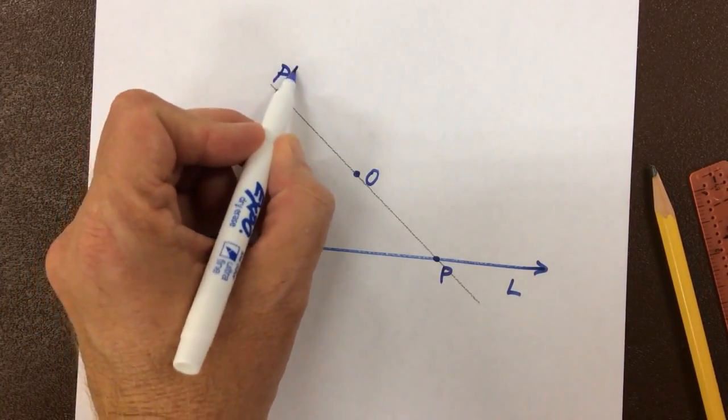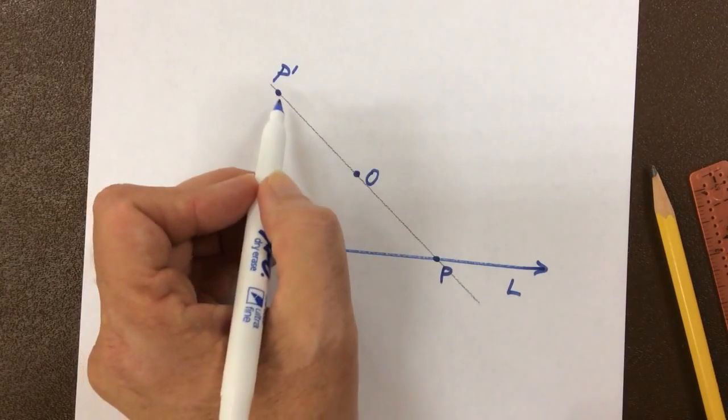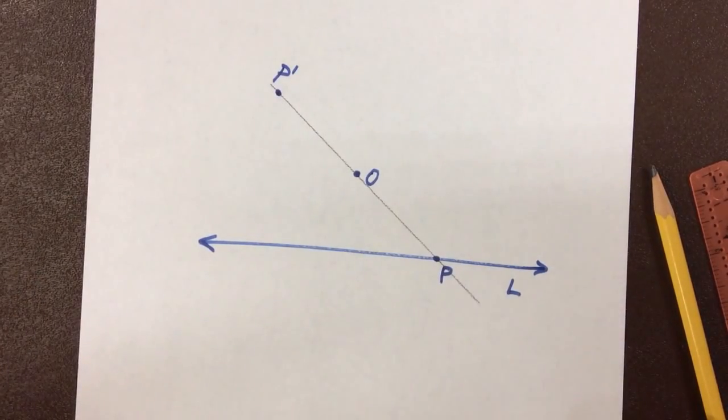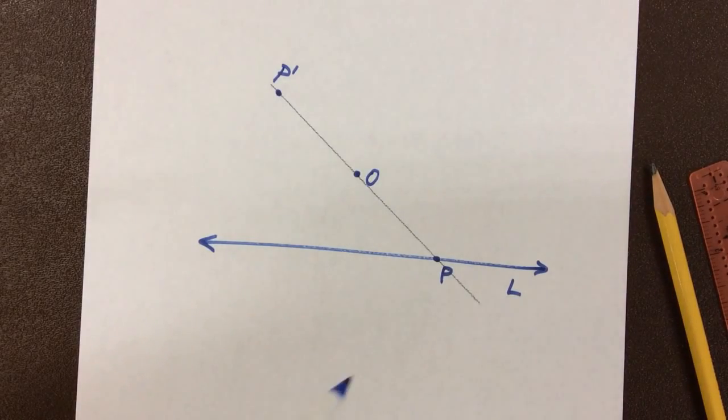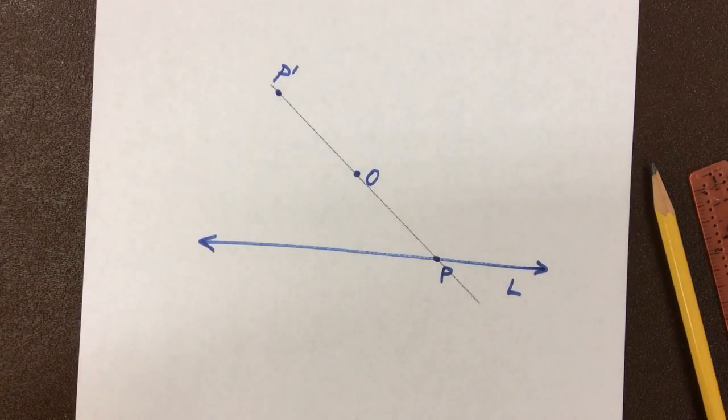There's my image of P under this 180-degree rotation. P prime's going to end up over there. And so I know that P, O, and P prime have to lie on the same line.